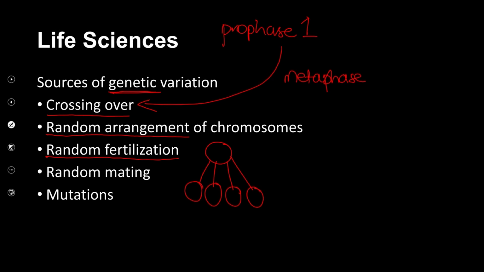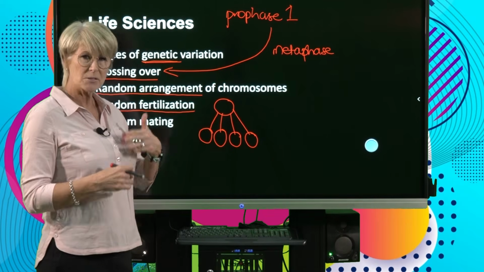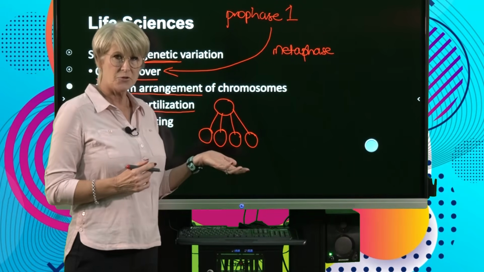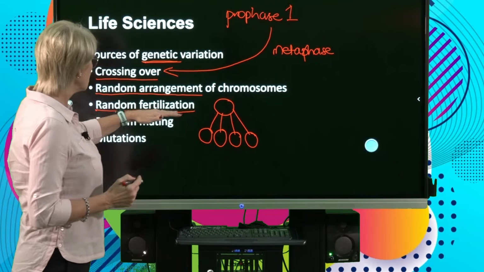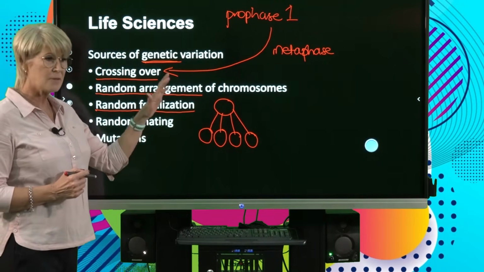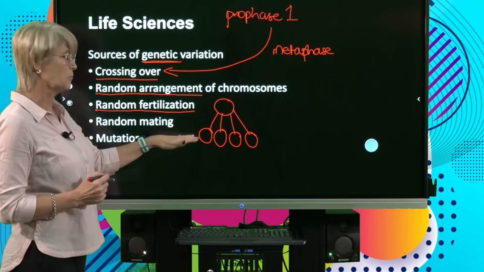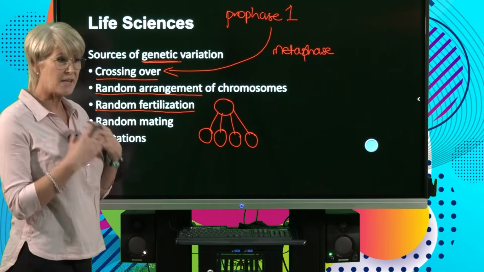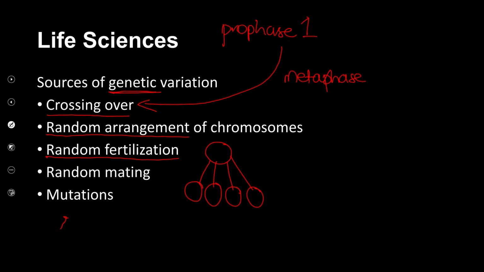If these are sperm cells, any one of those 4 would have the chance of fertilizing the ovum. That is why we say we don't know which one. Remember there are thousands and thousands of sperm cells that are produced. That is why we say that fertilization is random, and because of that randomness, it brings about genetic variation.